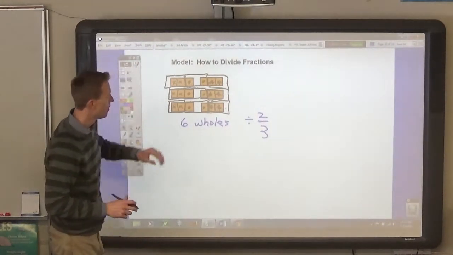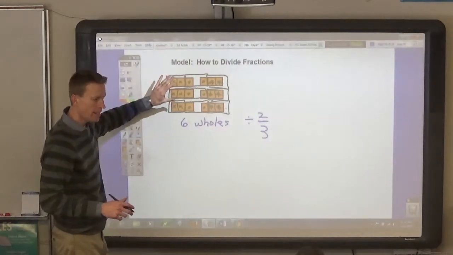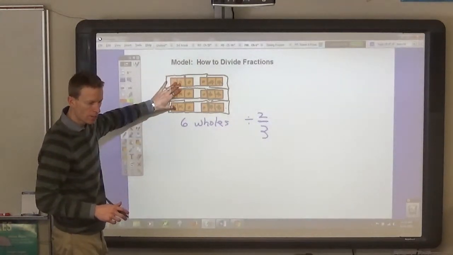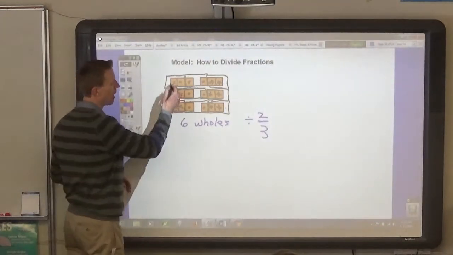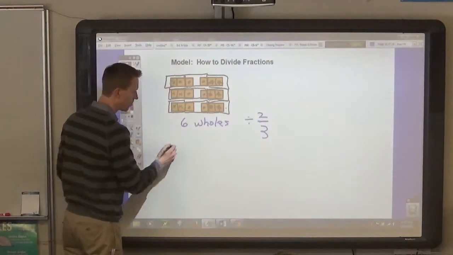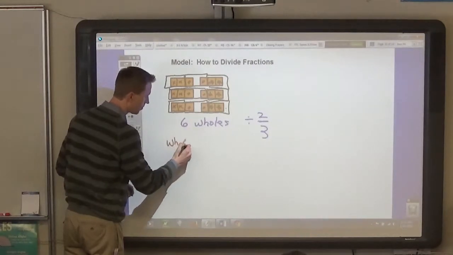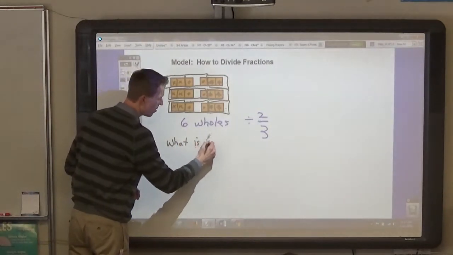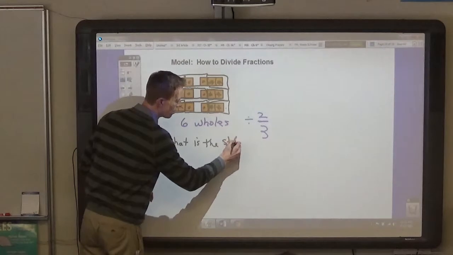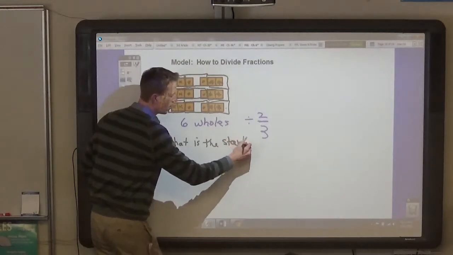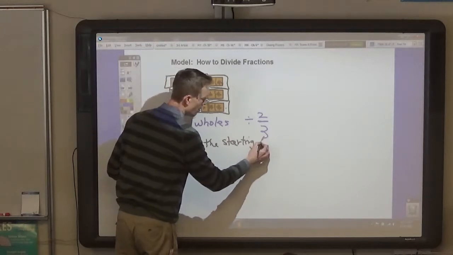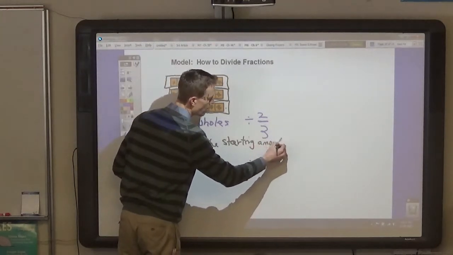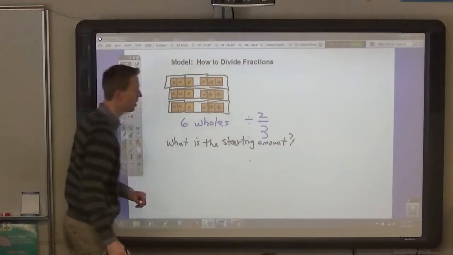So, if you see a question that is asking you to model division, this is what they're talking about. And what you can do is figure out how many you're starting with. So in other words, what is the starting amount? What is the starting amount?